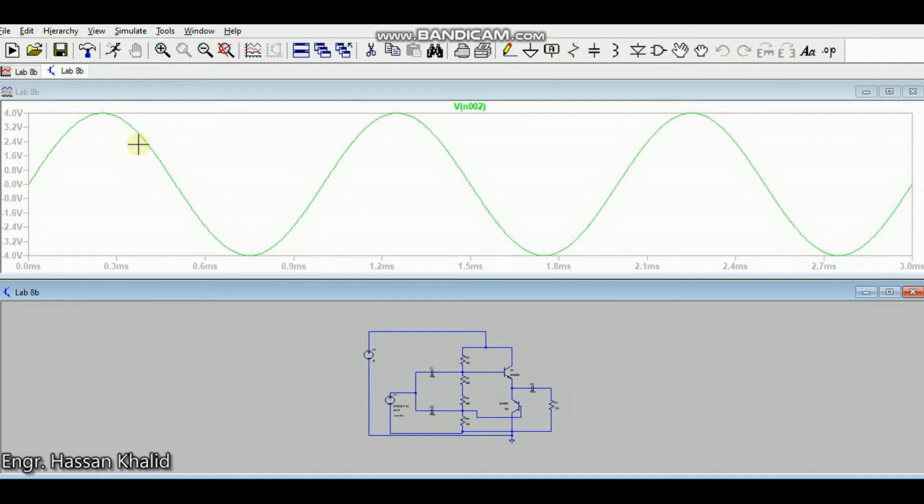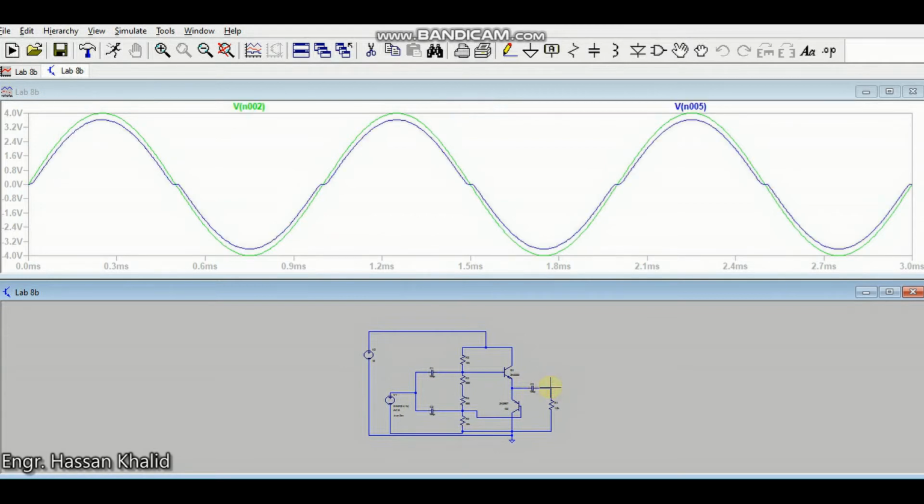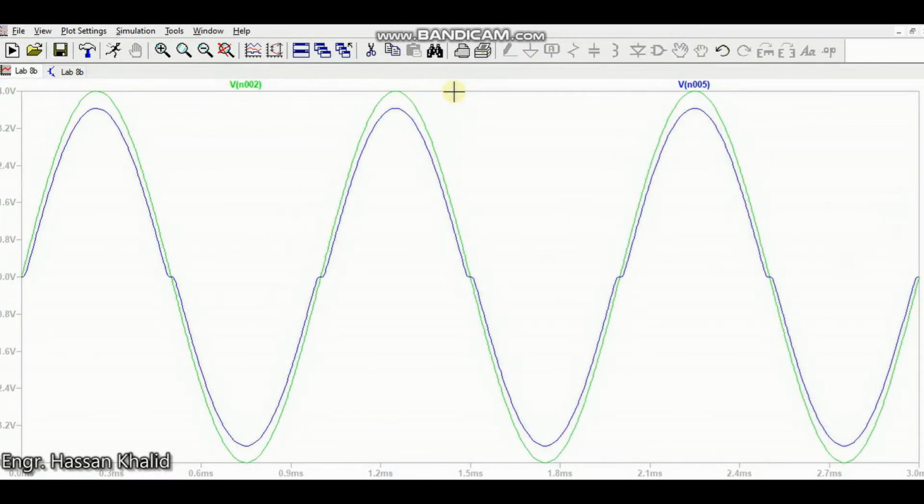You can easily realize that it's very smooth, and we also expect the same type of waveform at the output as well. Okay, now if you look at this diagram, the green waveform is the input waveform and the blue is the output.